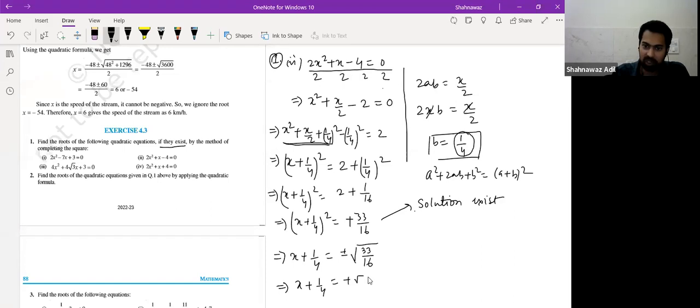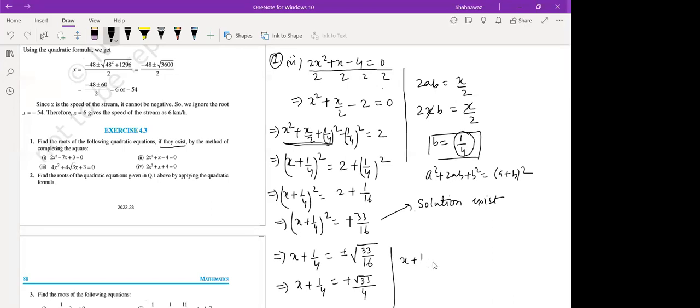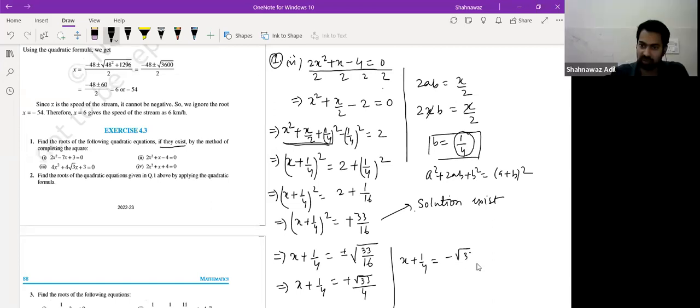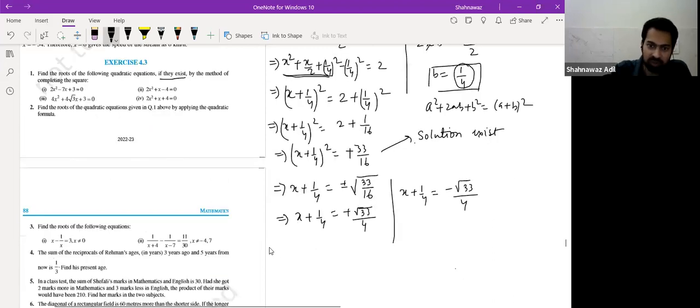Root 33 by root 16 is how much? 4, right? And then x plus 1 by 4 is minus root 33 by 4, right? So this becomes how much?